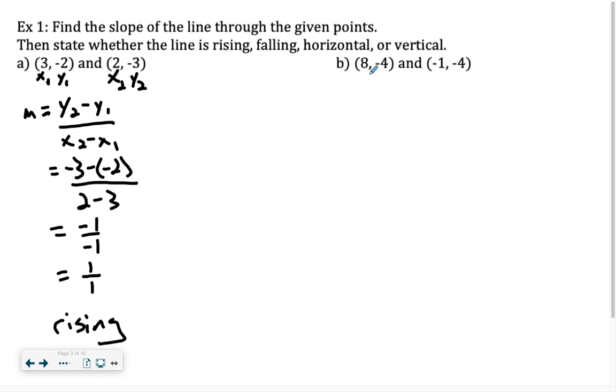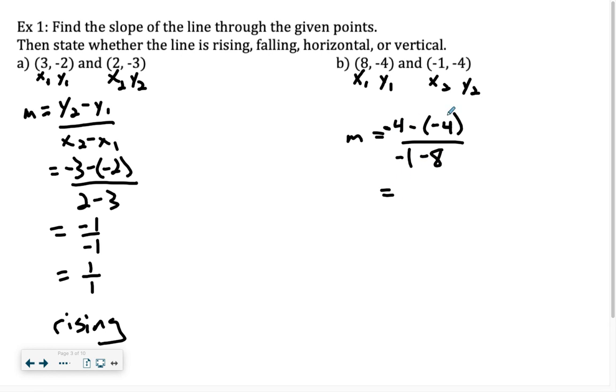All right, so same idea. Label our points x1, y1, x2, y2, plug them into our formula. So y2 minus y1 will be -4 minus -4 over -1 minus 8.